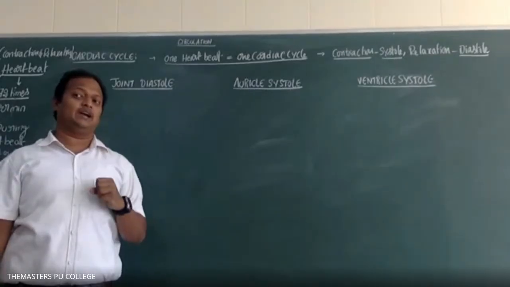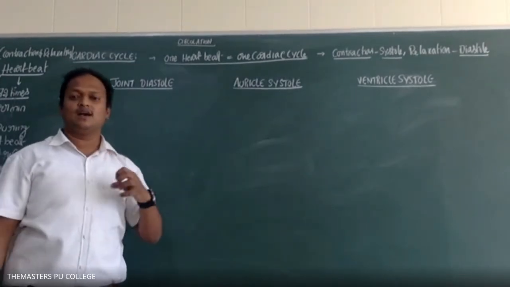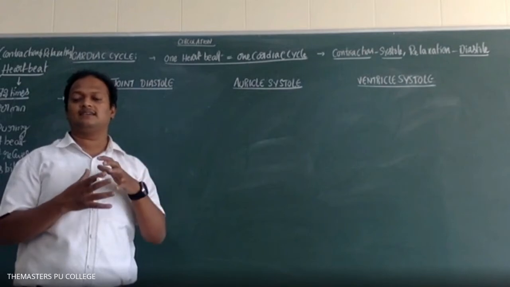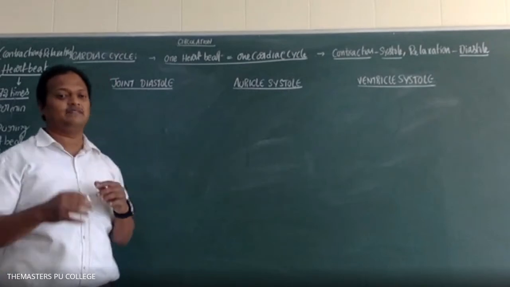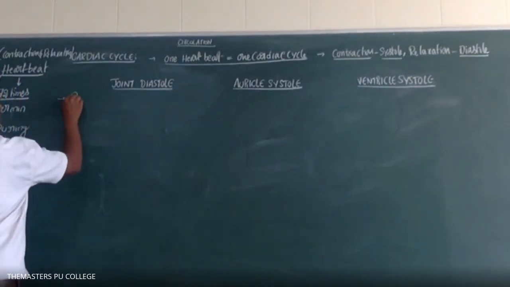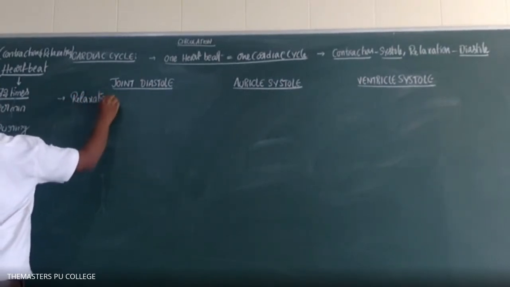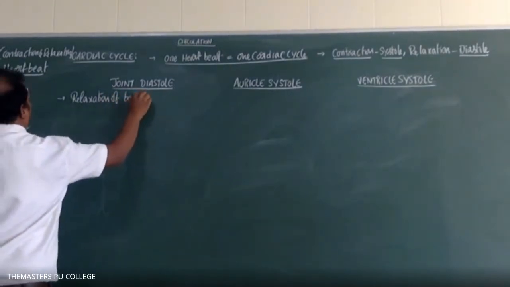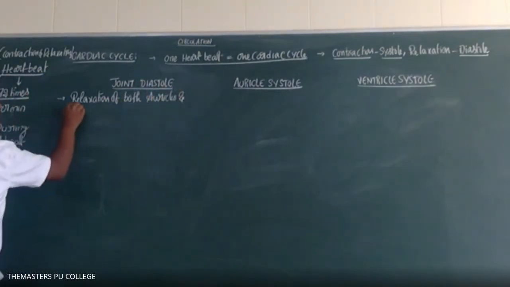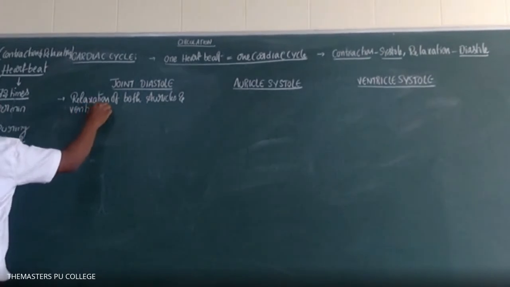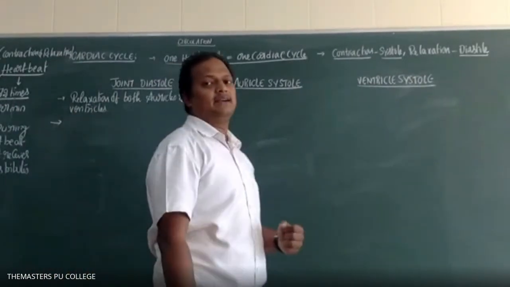Joint diastole means both auricles and ventricles are in diastole: relaxation of both auricles and ventricles. So what is meant by joint diastole? Relaxation of both auricles and ventricles.